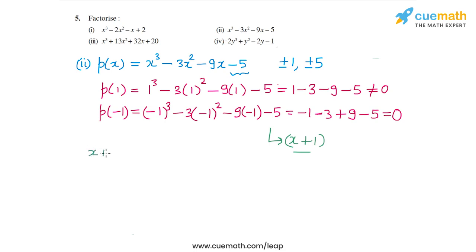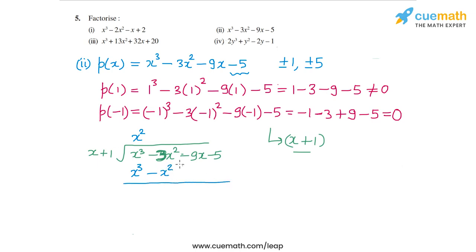So x plus 1 is my divisor and x cube minus 9x square minus 3x square minus 9x minus 5. So this is my dividend. So let's use the long division method to divide p(x) by x plus 1. So I have x square. This gives me x cube plus x square.